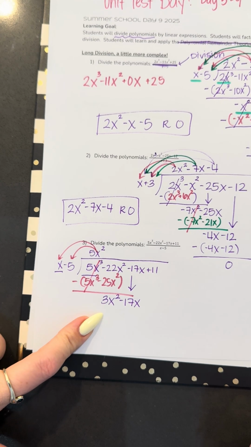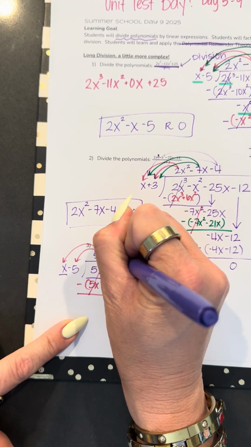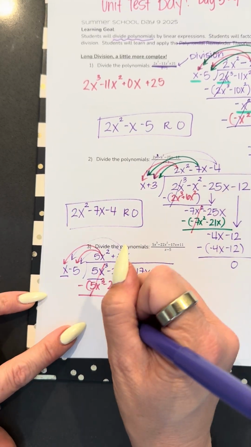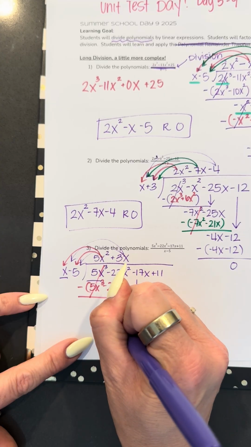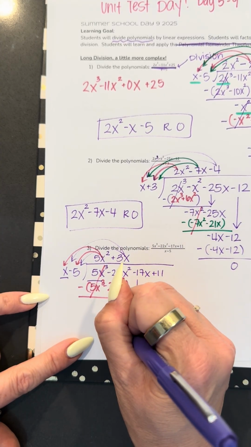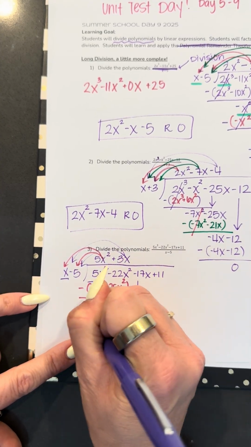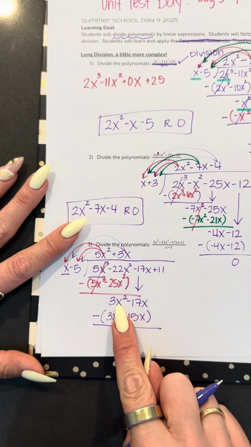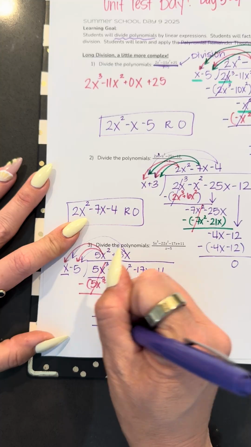X times what is 3x squared? That is 3x. So distribute this guy to that and that. Leaves me with 3x squared minus 15x. Subtracting all of that. So always pay attention to those double negatives. 3x squared minus 3x squared is 0.